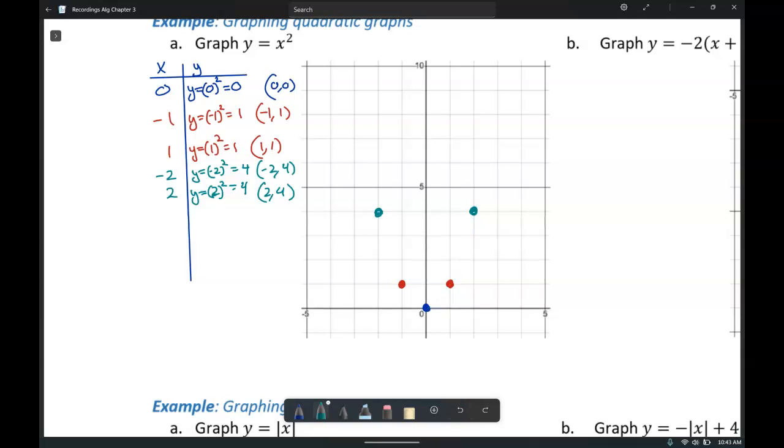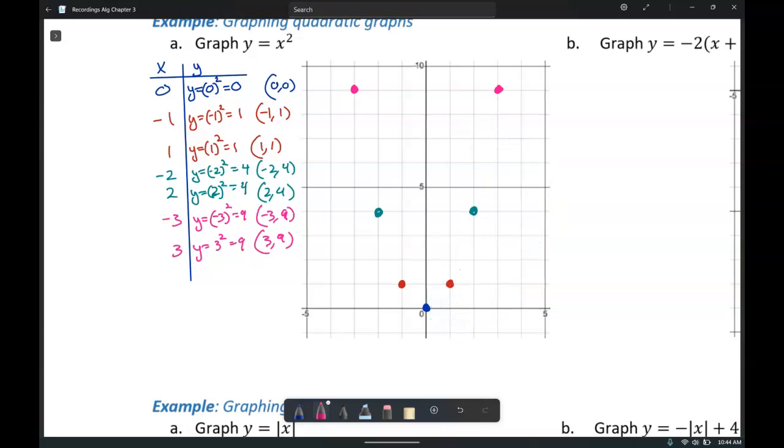So let's go ahead and plot one more set of ordered pairs. Let's do negative 3 and 3. Y equals negative 3 squared, that's 9. Y equals 3 squared, that is also 9. So we have these symmetrical points of negative 3, 9 and 3, 9, which we can plot here and here. And so you notice how as we go from one point to the next, the rate of change is getting more and more steep.